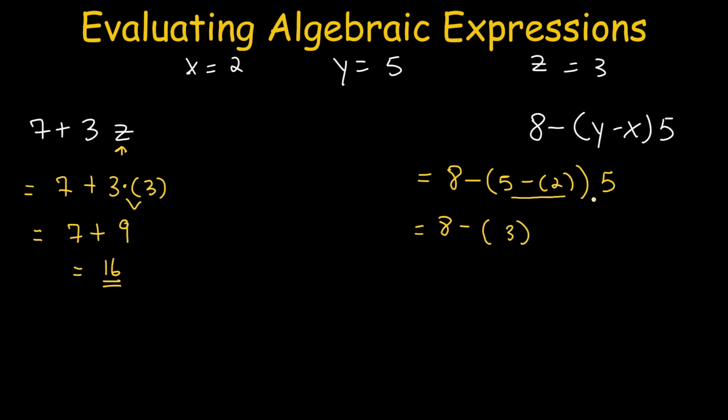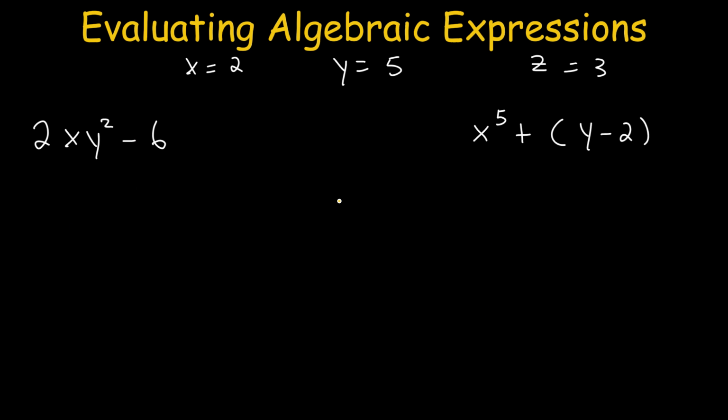And let's put this 5 over here, and as you see, we are multiplying here. There should be a little dot here, or without the dot, it indicates that you are multiplying. So let's multiply 8 minus, then we have 3 times 5. 3 times 5 is 15. And now we subtract. So 8 minus 15. We will have a negative answer, and that will be negative 7.